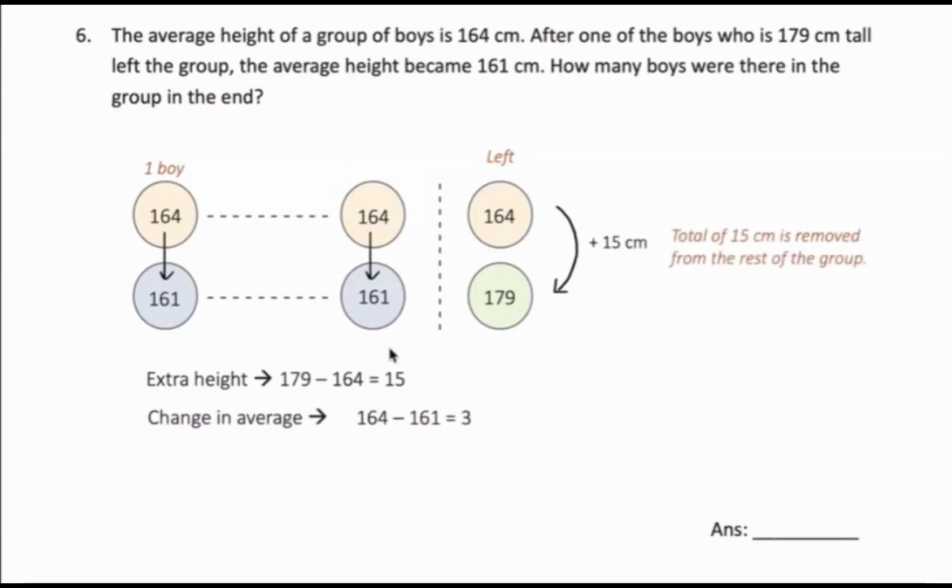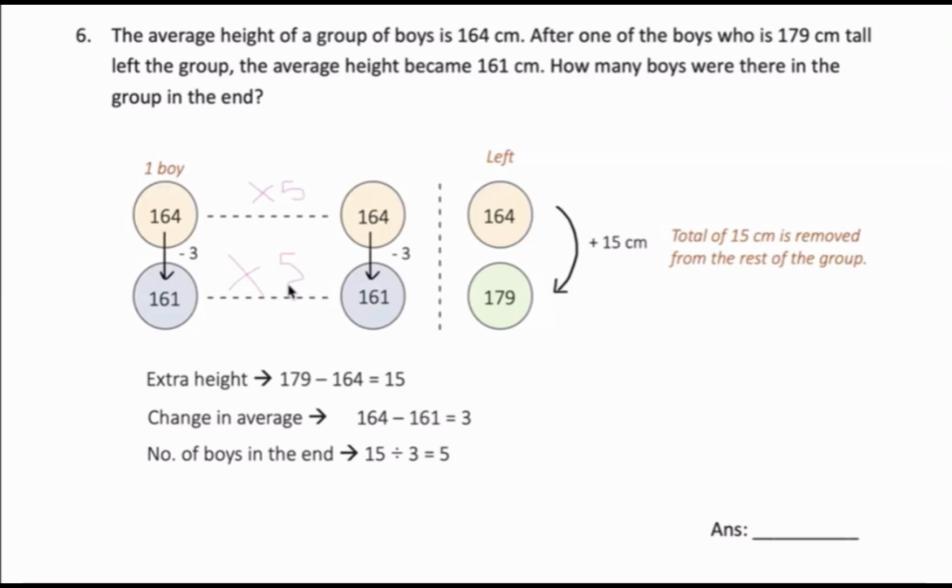I'm going to redistribute 15. Each of them the difference is 3. The total difference must be 15. So 15 divided by 3, I get 5. Meaning there must be 5 boys here, and there are 5 boys here.